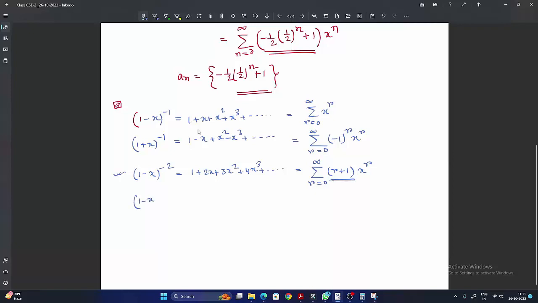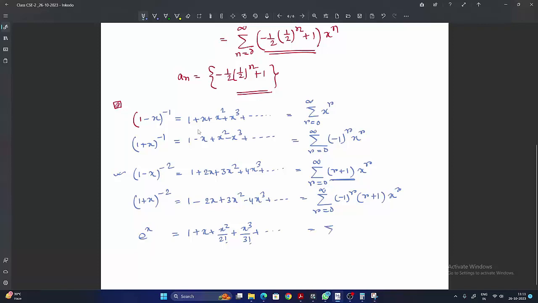Then 1 plus x to the power minus 2 is of alternate sign: 1 minus 2x plus 3x square minus 4x cube and so on. So it will be the sum over r equal to 0 to infinity of minus 1 to the power r, r plus 1, x to the power r. Then e to the power x is 1 plus x plus x square by 2 factorial plus x cube by 3 factorial, and in this way.